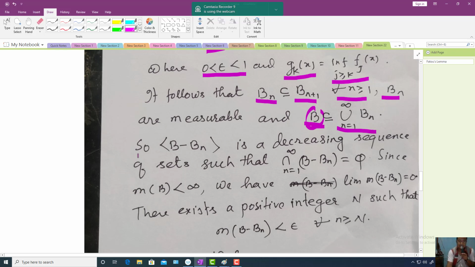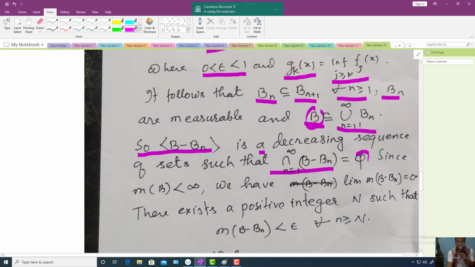So then this is a decreasing sequence. I'm telling you this is a monotonic decreasing sequence. It means B difference B1 is a superset of B difference B2, and B difference B2 is a superset of B difference B3, so it is decreasing, no? You can prove that easily, you do it also. It is a decreasing sequence of sets and they are all measurable, such that the intersection is empty. Why is this equal to the empty set?